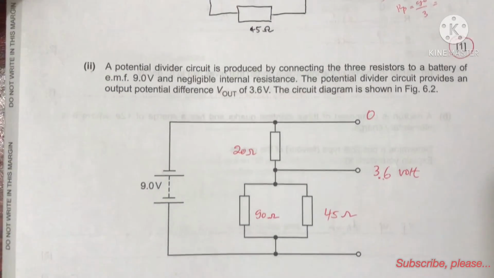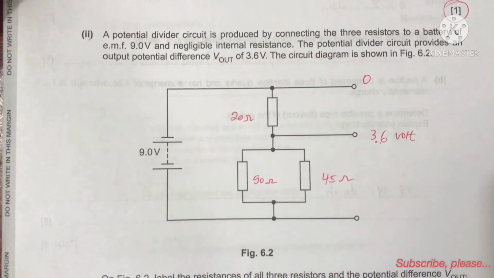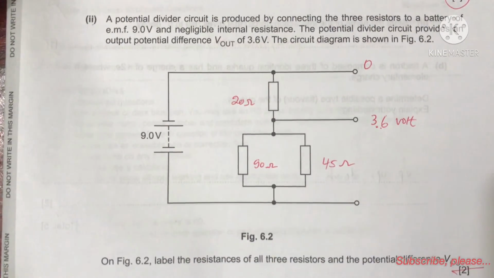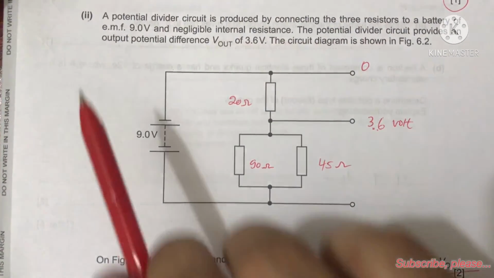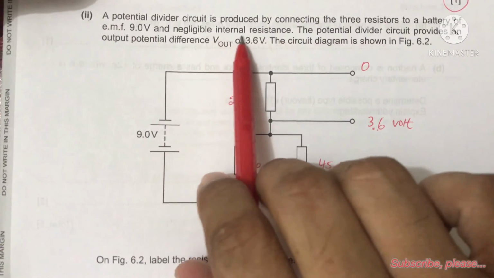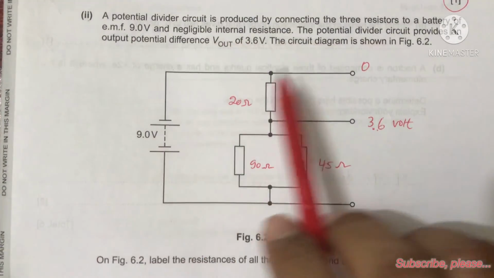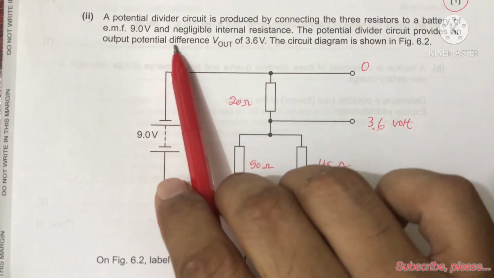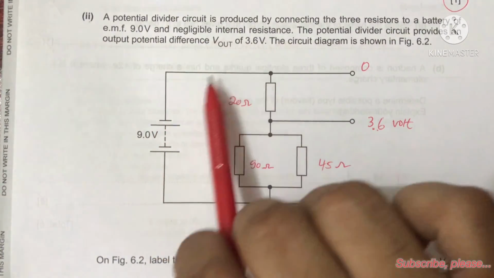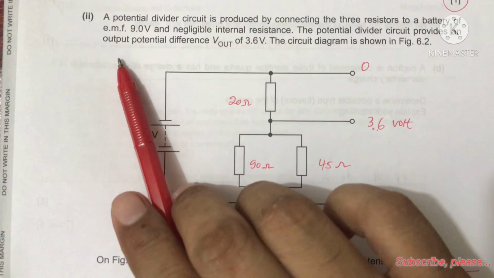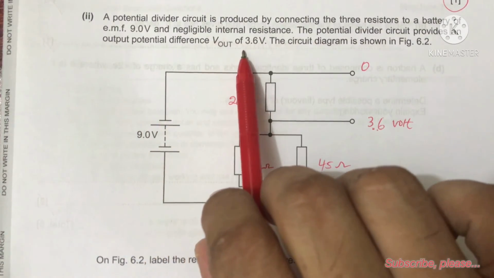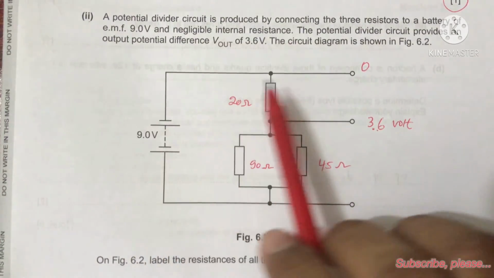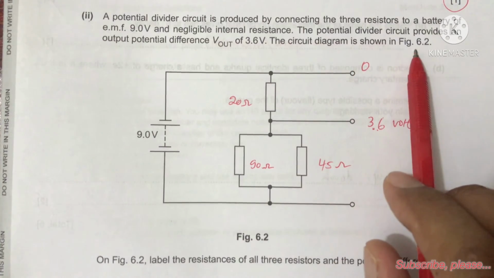Question II. A potential divider circuit is produced by connecting three resistors to a battery of EMF 9.0 volt and negligible internal resistance. The potential divider circuit provides an output potential V output of 3.6 volt, in the circuit of figure 6.2.